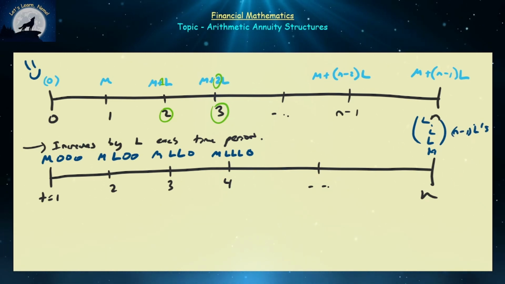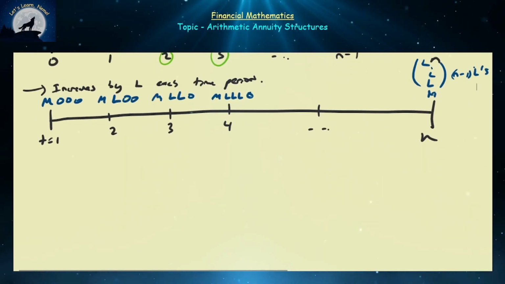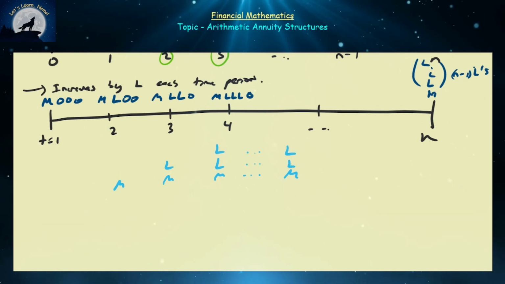So why exactly am I writing it this way? Well, if we look at it from a timeline perspective, what we have here is an m, m, m down to m annuity immediate. Then we have an L, L, L annuity immediate. Then we have an L down to L annuity immediate. And then we have our L unit annuity or annuity immediate of size L at that particular thing.